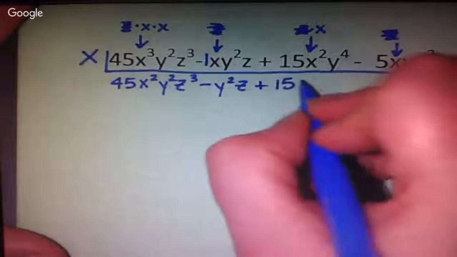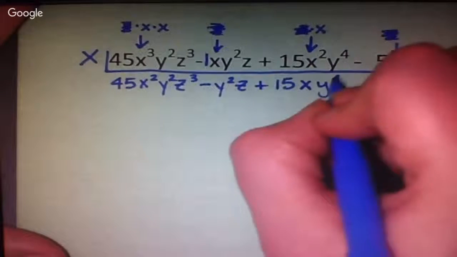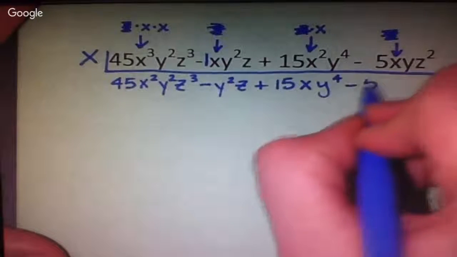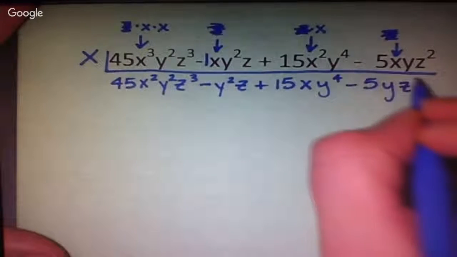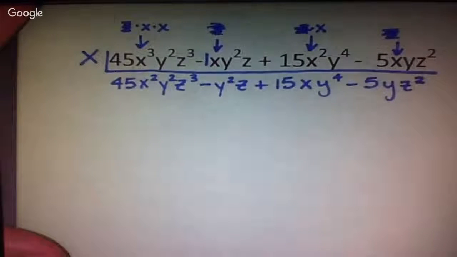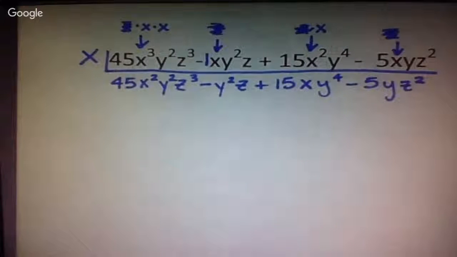My x squared just becomes x now. Y to the fourth, minus 5. This x cancels out. Y z squared. It's something that they all shared in common, so you pull it out front. You take it out of the equation.